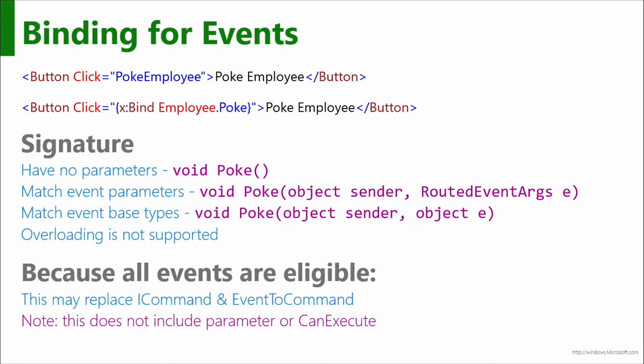It represents a method that can have a couple of signatures. It can have an empty signature of no parameters. It can match the parameters of the click event or whatever routed event you're using. Or you can go all the way back down to the base of just object, object. So if you don't remember what it is, that's okay, you can just use object, object. So this is a lightweight alternative to commanding, which some people may be aware of.